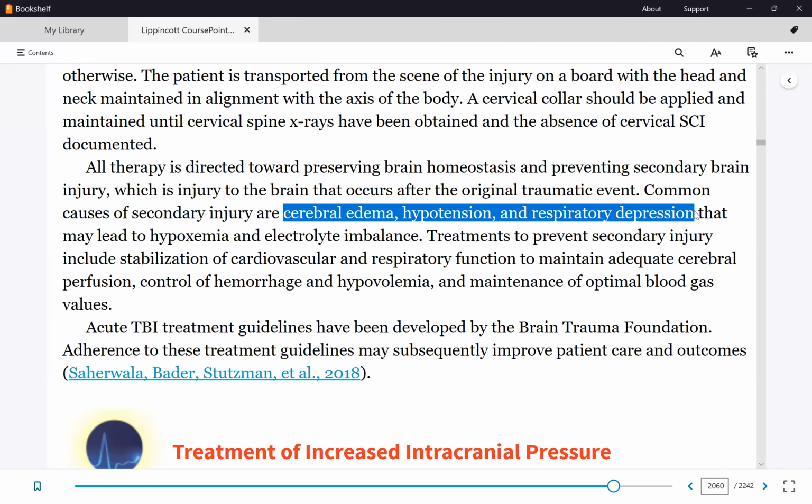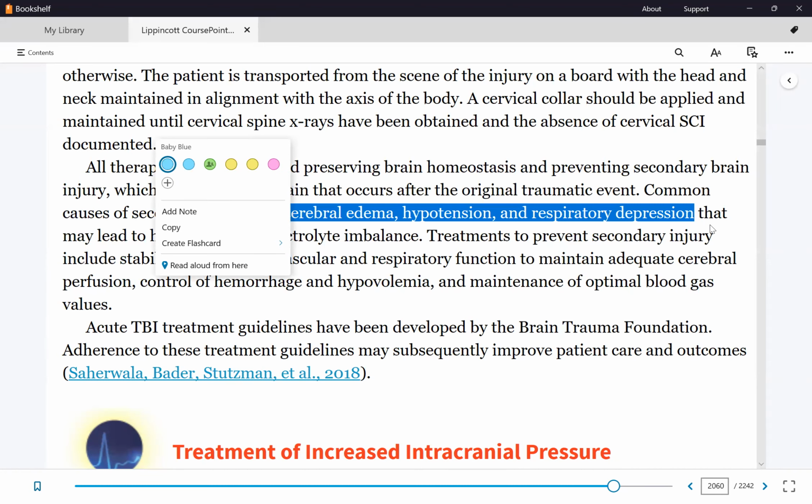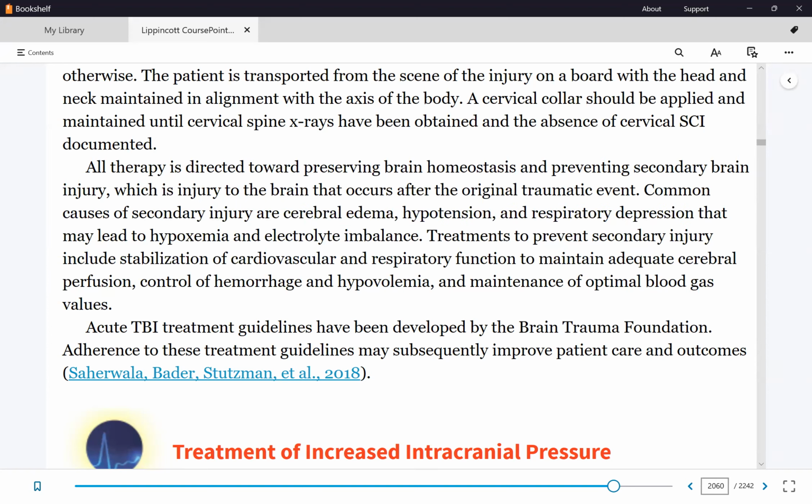The respiratory depression here is the number one indicator of brainstem herniation. Why is there respiratory depression and hypotension when you have brainstem herniation? Because the brainstem is responsible for maintaining blood pressure, respiratory rate, and heart rate. So always monitor those.